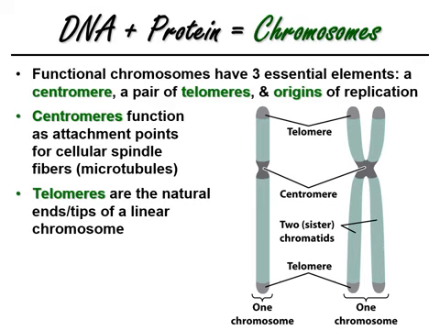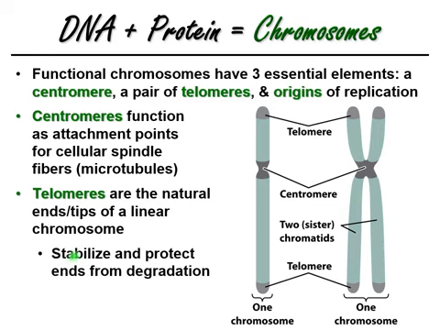The telomeres are the natural ends or tips of a linear chromosome. Prokaryotic chromosomes don't have them because they are circular. Eukaryotic chromosomes do have telomeres. They stabilize and protect our ends from degradation. If you have telomerase enzymes that are functioning well, that's good for your health long term.